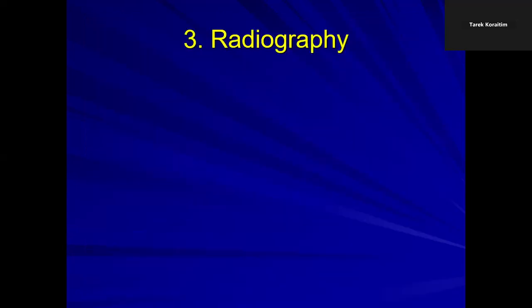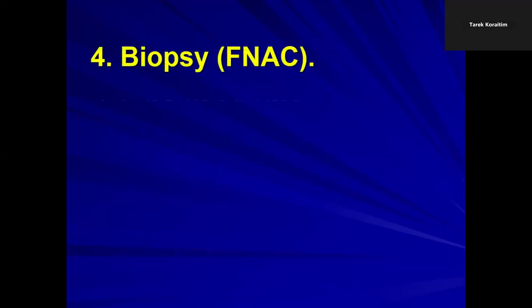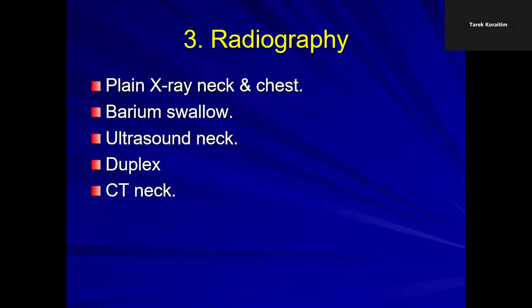These are pictures of how a thyroid scan appears. Radiography includes plain X-ray neck and chest, barium swallow, ultrasound neck, duplex, and CT of the neck. We have to know that we might need these investigations in certain cases.